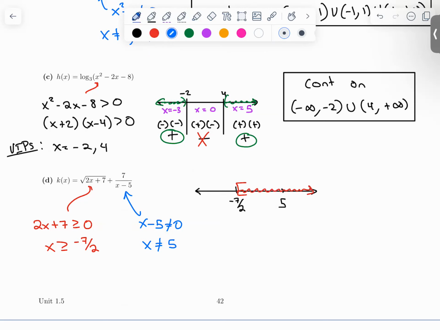But from the blue, the rational expression, we can't have it equal 5, so we have to exclude that. Our answer is that this function is continuous on bracket -7/2 to 5 parenthesis union parenthesis 5 to positive infinity.